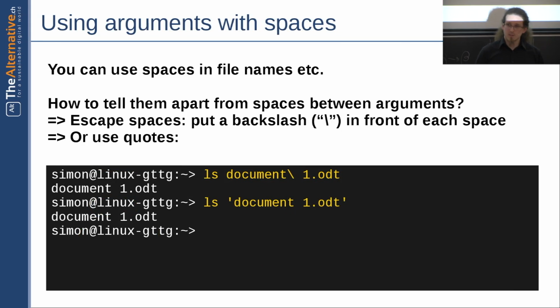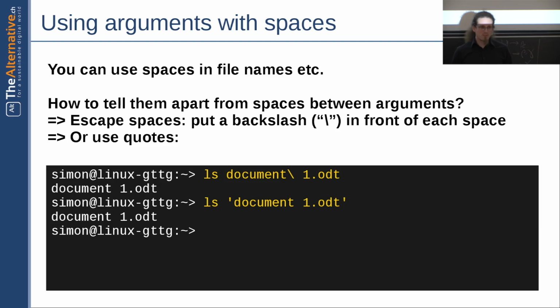Then we previously saw that spaces are quite important. They are used to separate different arguments. And of course, if you have a space in a file name, I'd recommend to first of all avoid this. If you're naming files, avoid spaces and generally all umlauts and special characters except dashes, underlines, and dots.